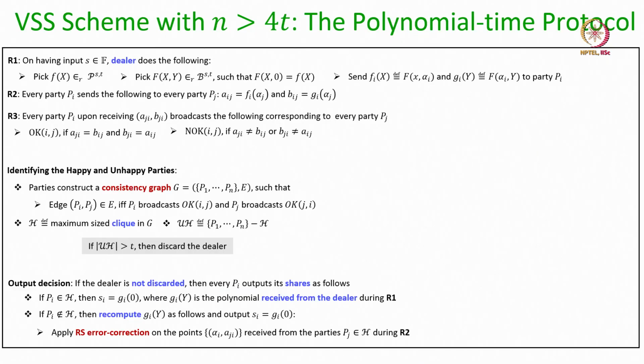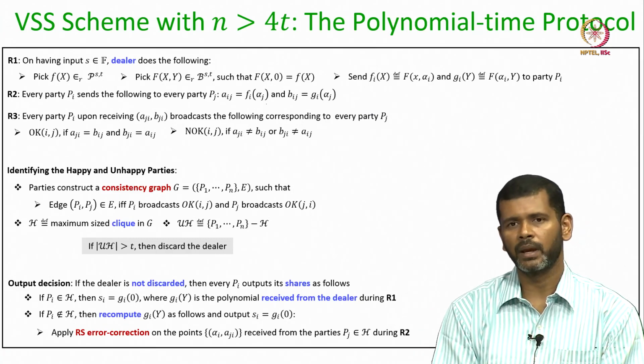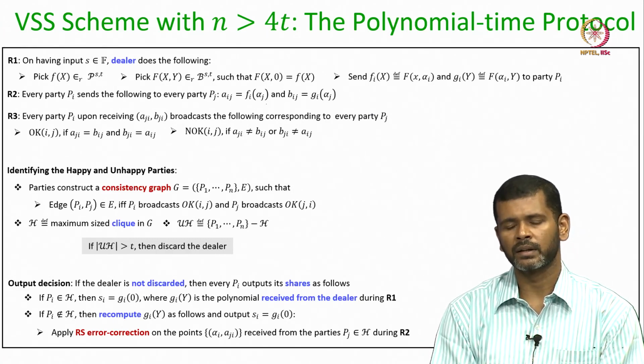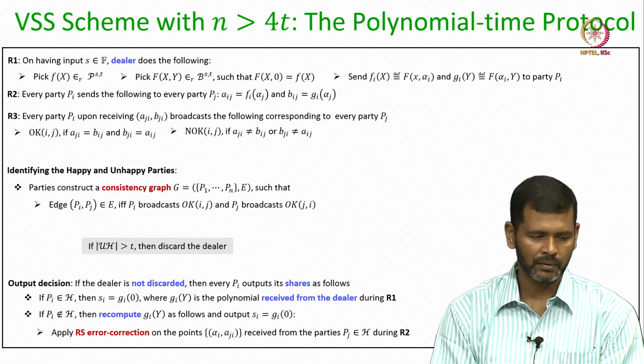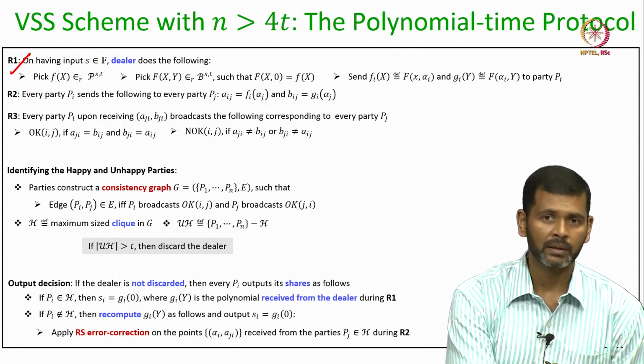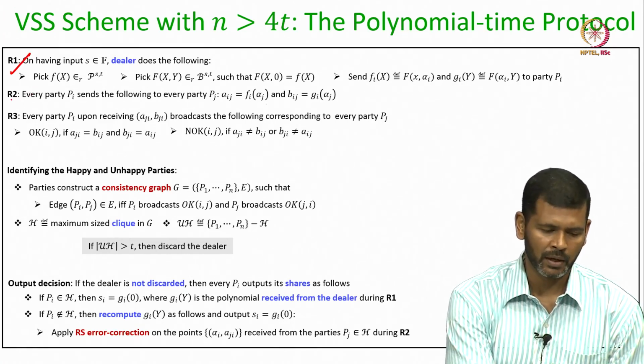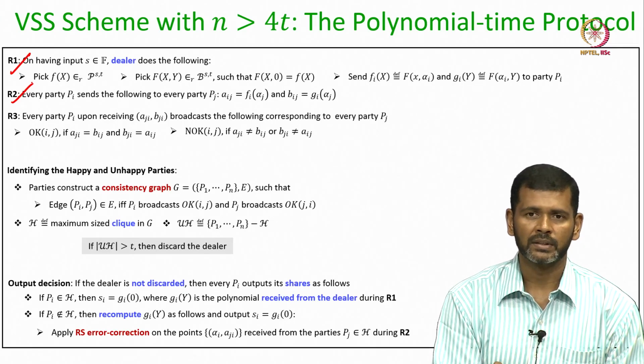Now, let us see how we can find the set of happy parties based on the NT star in the consistency graph. The protocol steps remain more or less the same. In round 1, the dealer will distribute the row and column polynomials. In round 2, the parties exchange the common points.